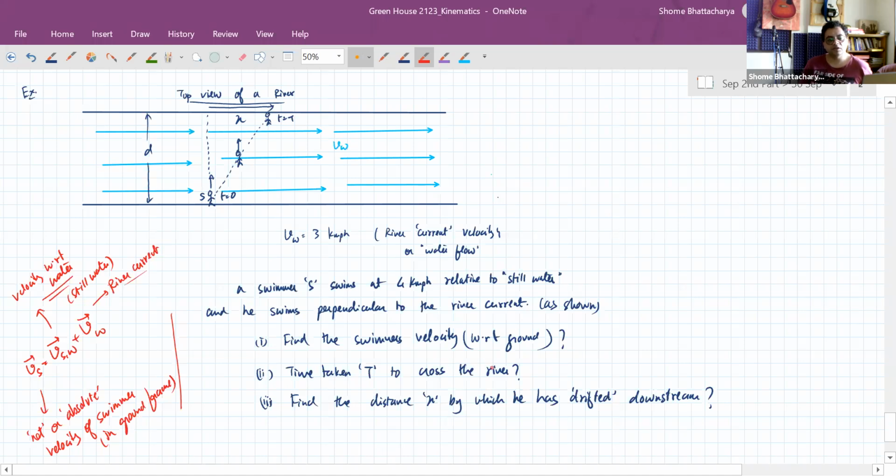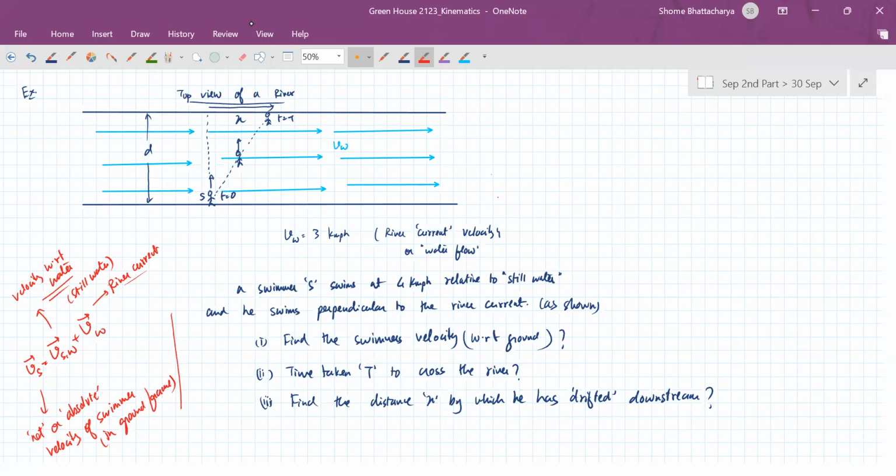But only now we'll have to apply it in a two-dimensional situation. So you can draw a system of axes and make use of i cap j cap component method, or you can go with a geometrical picture, triangle law, and draw a vector triangle. Both are equally convenient in this particular case.